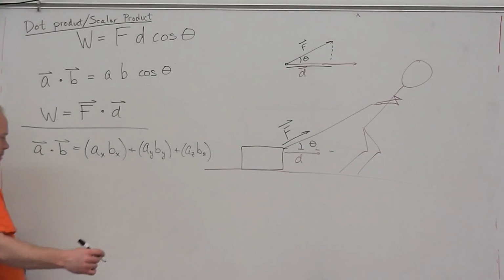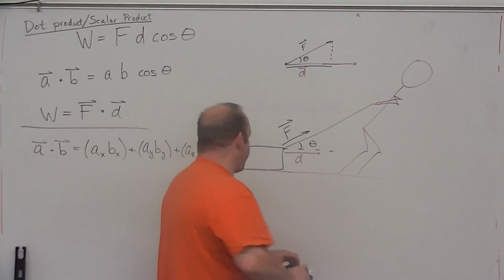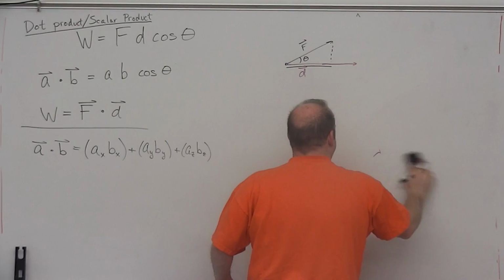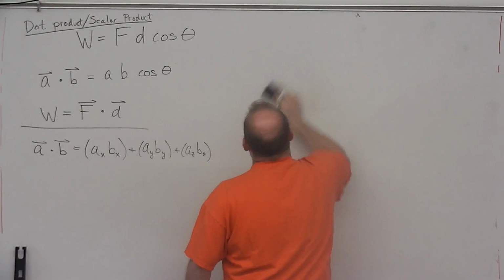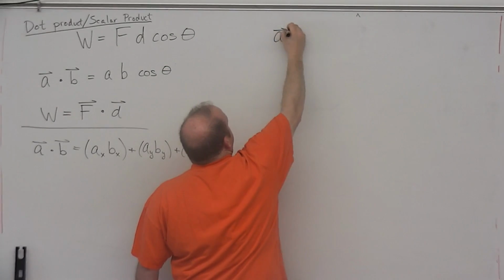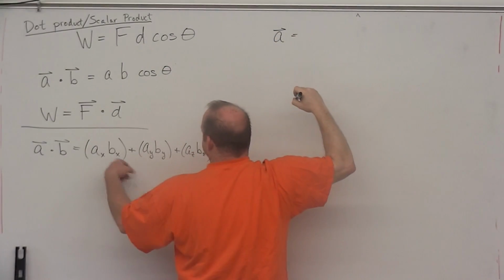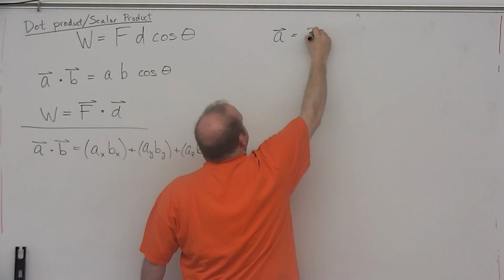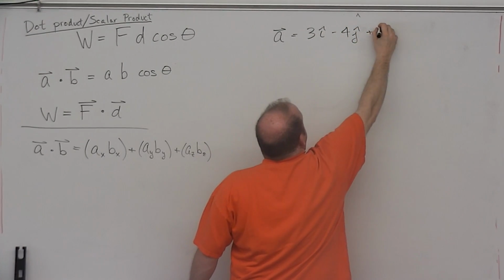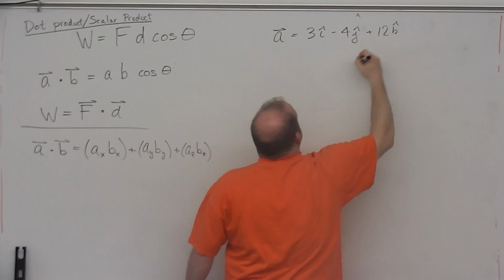All right? So now, let's just say that I have two vectors that I want to find the dot product between. So let's just say vector A, we'll do the unit vector notation first, 3i minus 4j plus 12k.